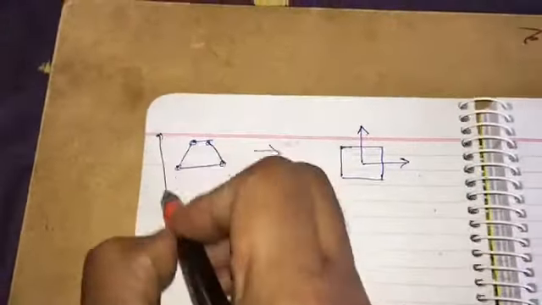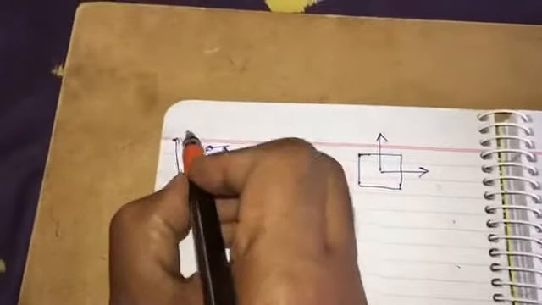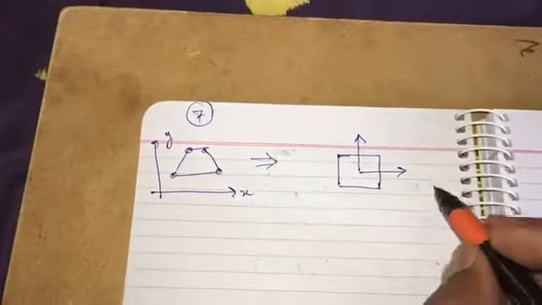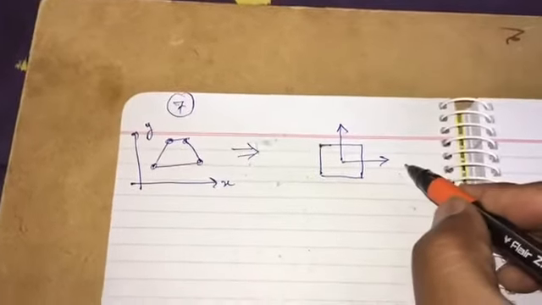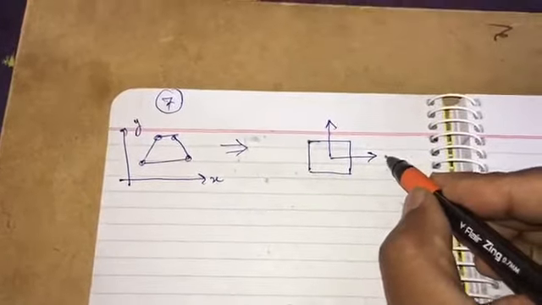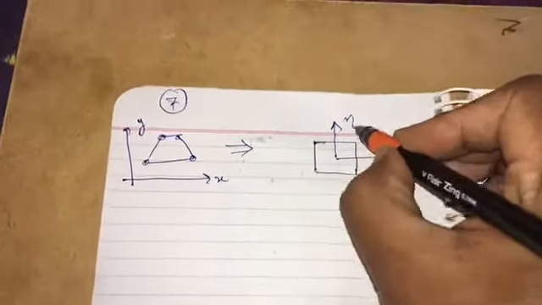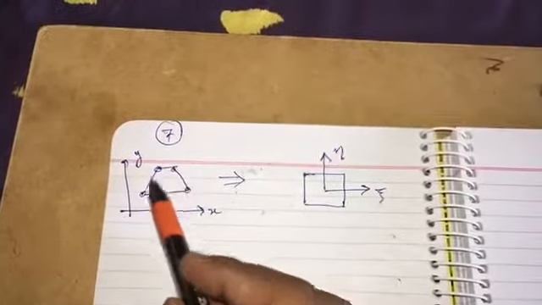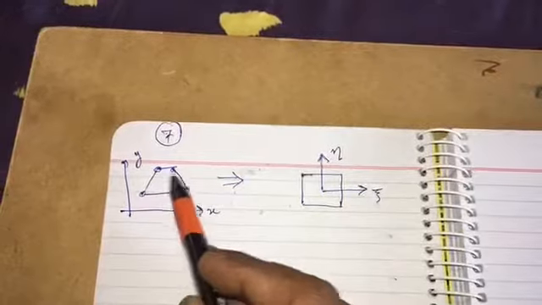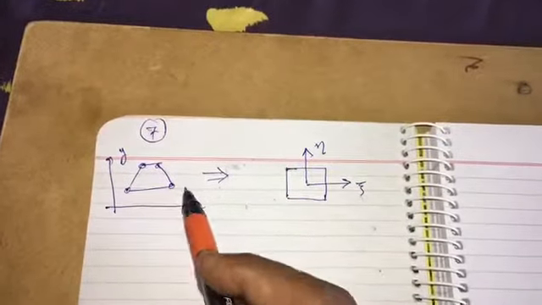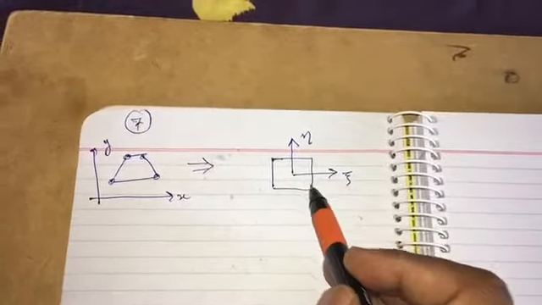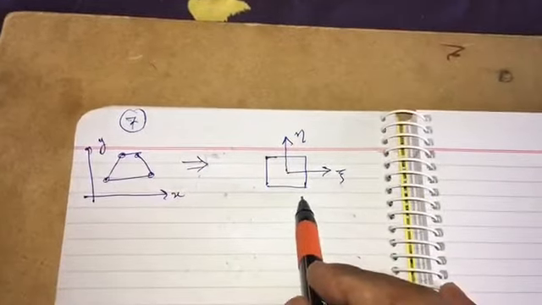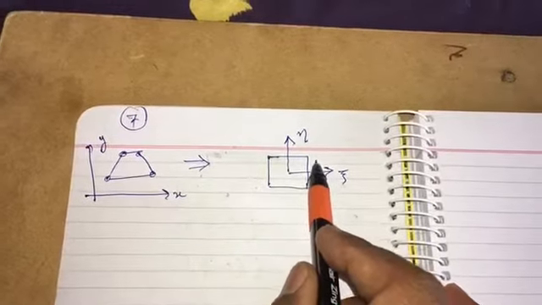So the original xy coordinate system is being converted into a xi eta system, and the original quadrilateral of irregular shape is being converted into a square, such that the size is 2 units in this xi direction and 2 units in eta direction.